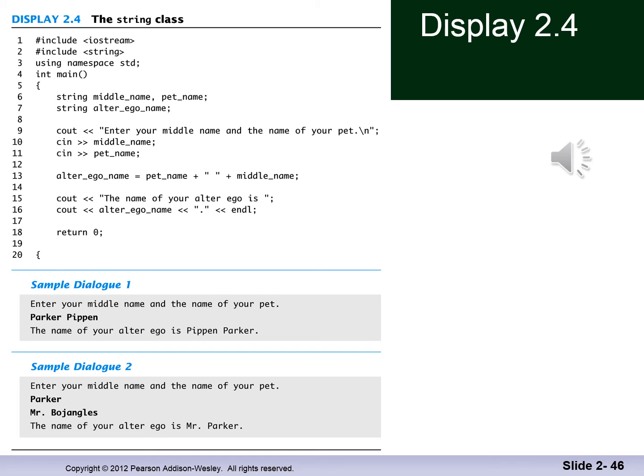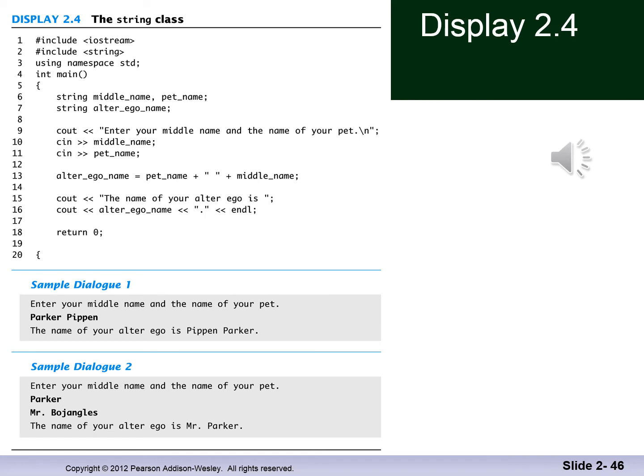Cout, prompt the user to enter your middle name and the name of your pet, and a new line. Cin is used to extract the value typed for middle name from the keyboard and pet name from the keyboard.